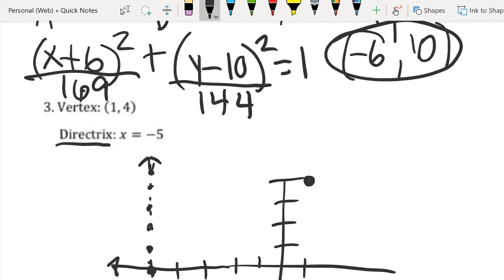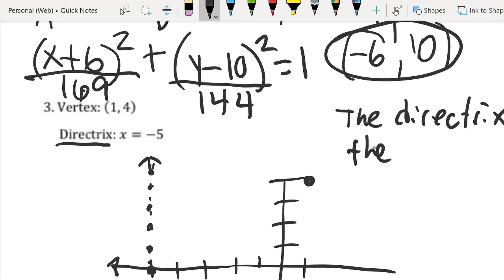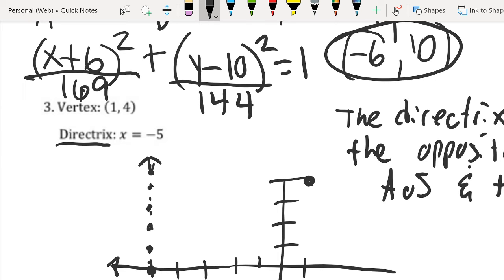Okay, so if you are kind of new to this section, or if you're just still not sure exactly what a directrix is, the way I like to describe the directrix is like this. The directrix is like the opposite of the axis of symmetry and the opposite of the foci, or the focus.